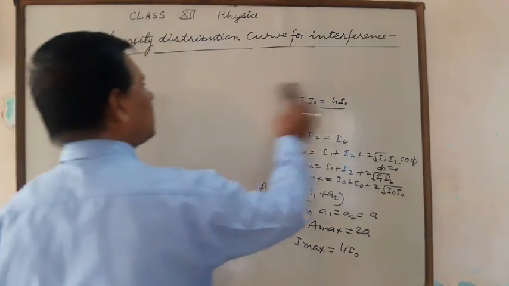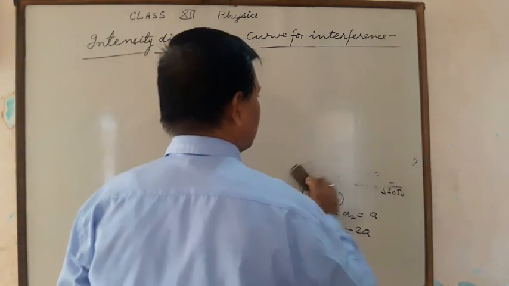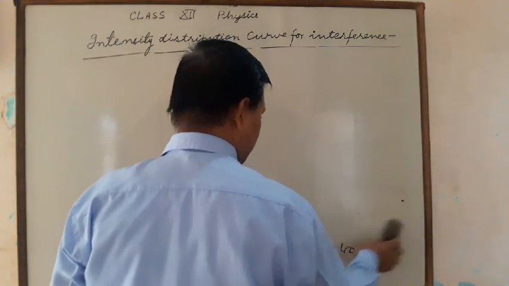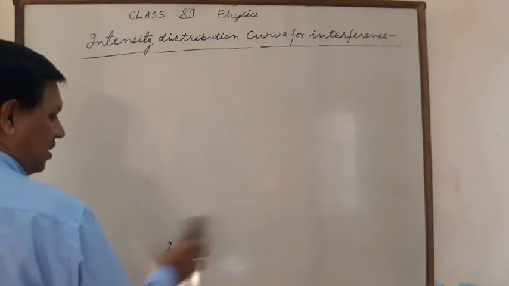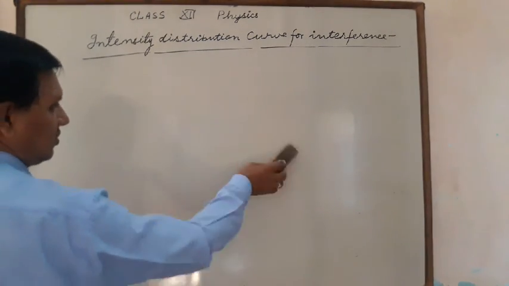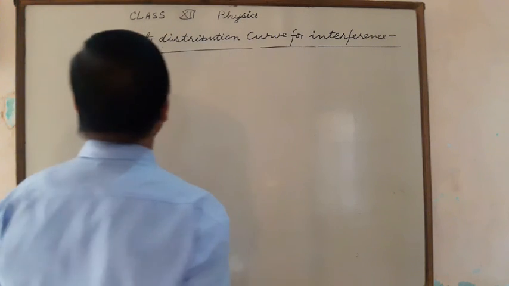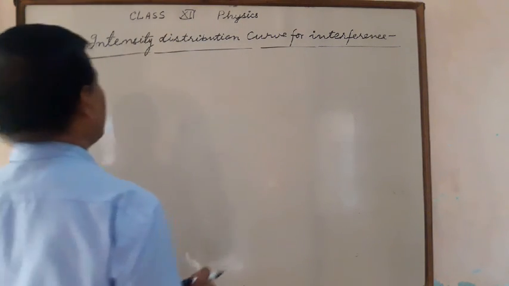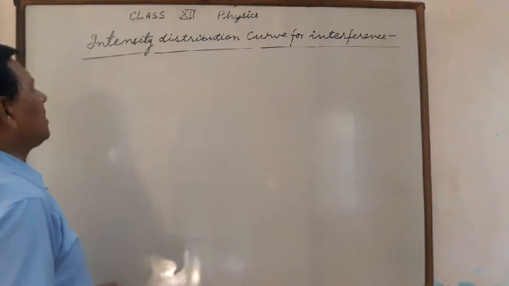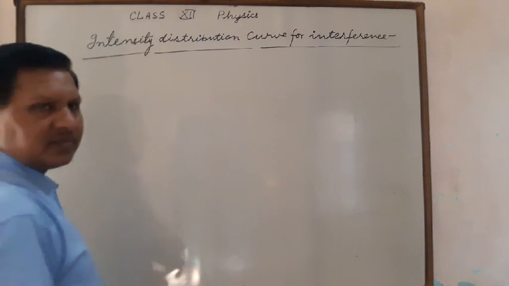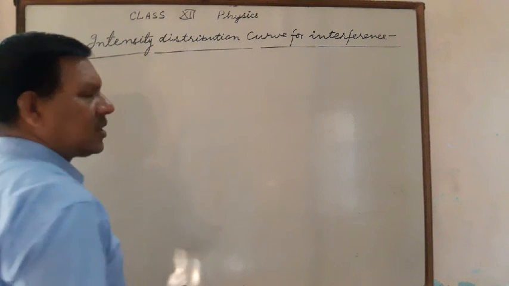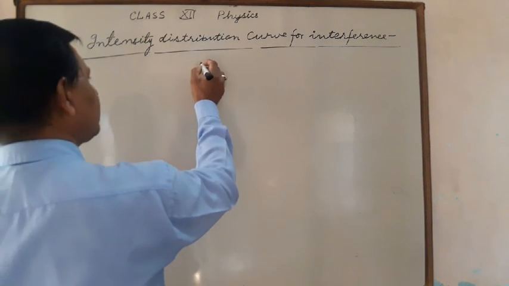When we plot the graph between phase difference and the intensity of the resultant wave, we see that there is a distribution of intensity in the case of interference.